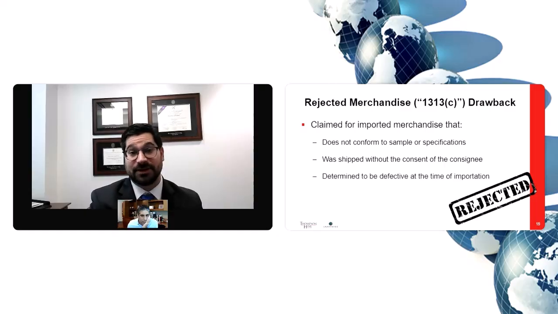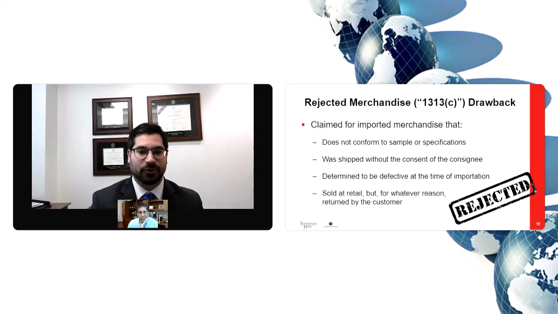It could have been determined to be defective at the time of its importation, or it was sold at retail, but for whatever reason, it's been returned by the customer. That's all eligible under 1313C drawback for a 99% refund of the duties, taxes, and fees that were paid on that imported merchandise, which is fantastic.